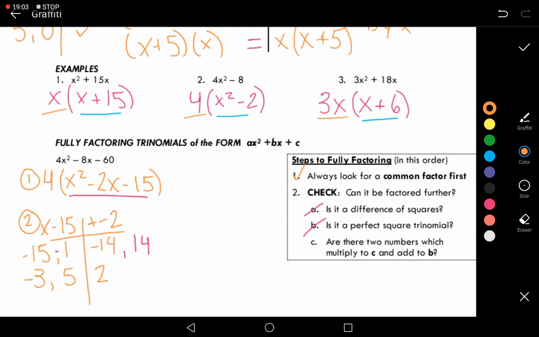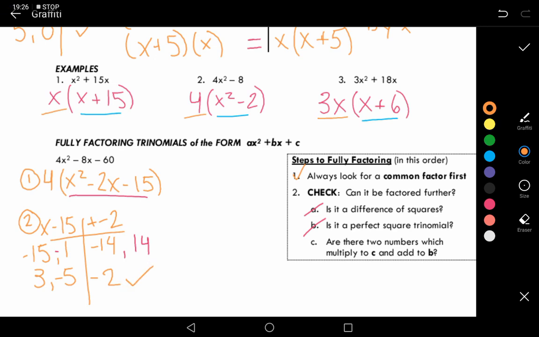That's not right; I need it to be negative 2. So instead, what if I put the negative on the 5? 3 times negative 5 still gives me negative 15, and 3 plus negative 5 gives me negative 2. So I know that those have to be my factors.